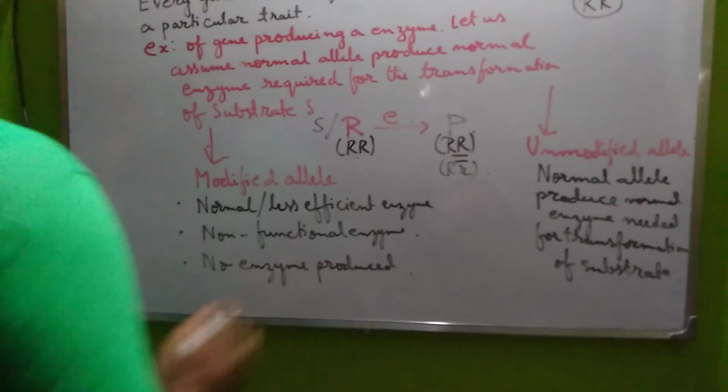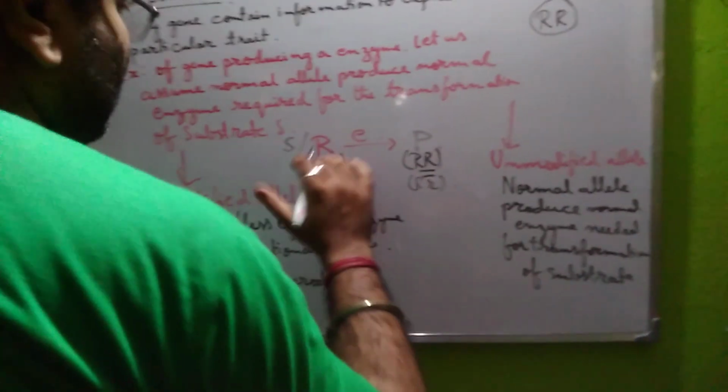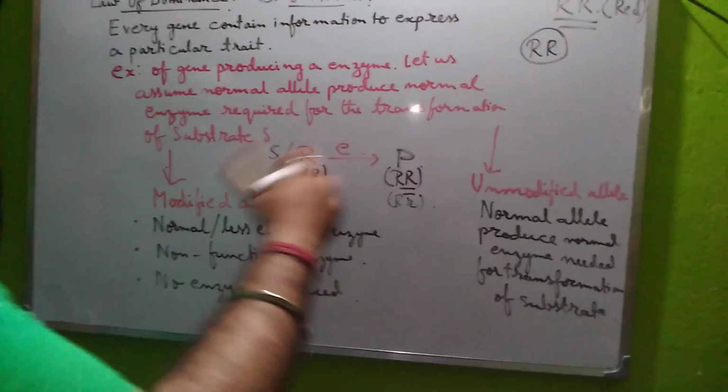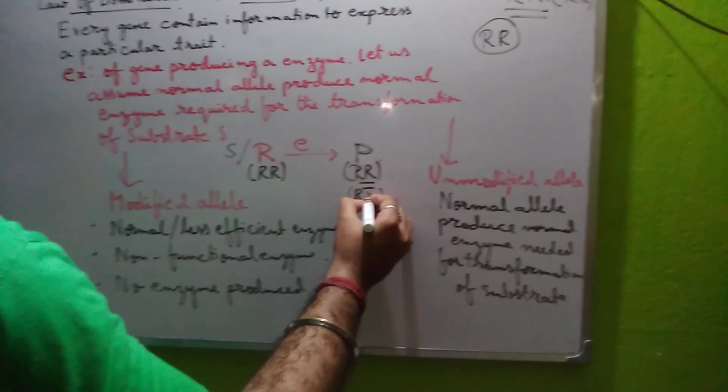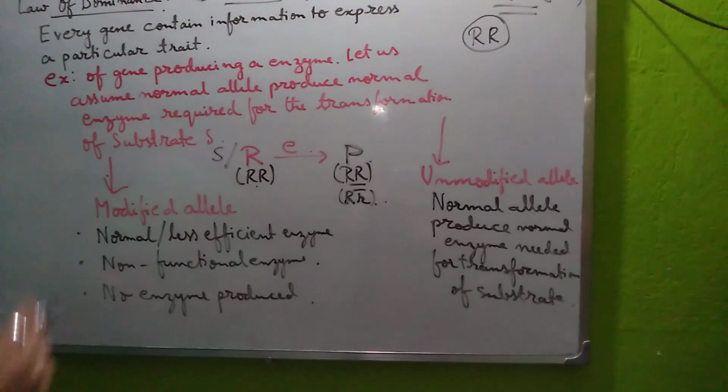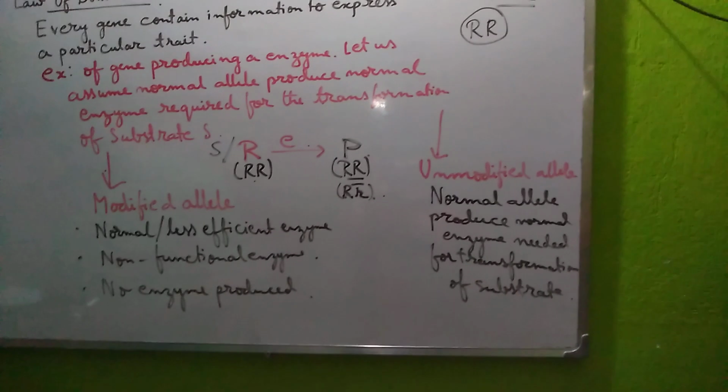So what does this mean? That after modification of the substrate to the product by the help of the enzyme, what I have seen is that the alleles have transformed, they have changed. So if it has changed, then what are the three possibilities? These are the three possibilities.